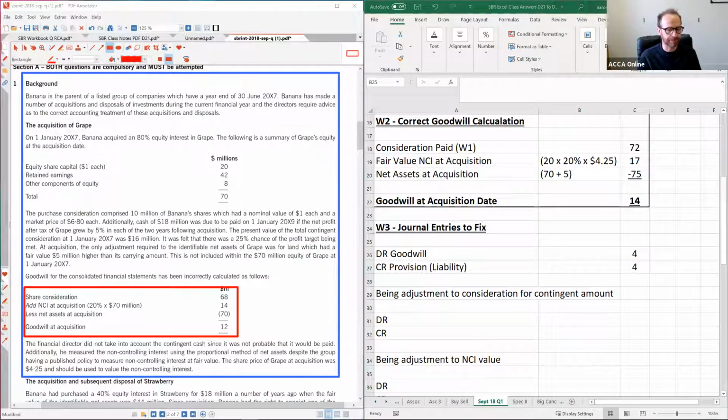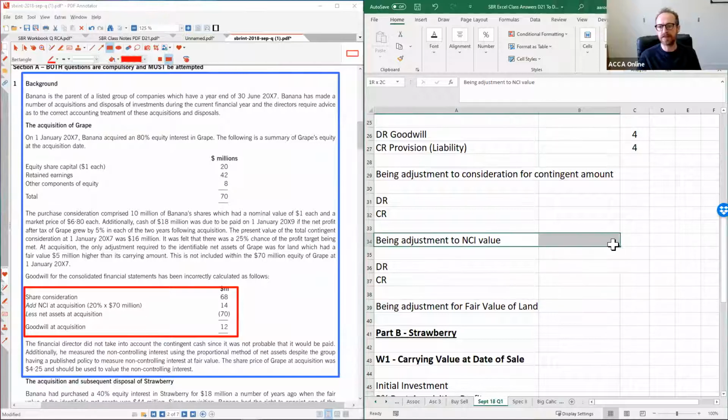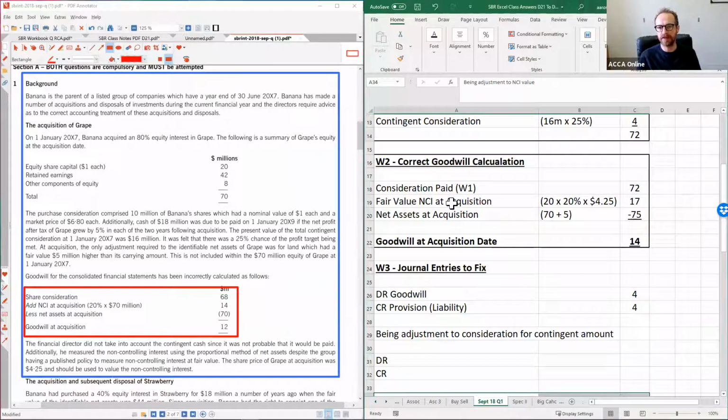Good, okay. The second entry then, adjustment to the NCI. Well, what's happening here is the NCI, they put in as 14. We're putting it in as 17, so it's going to be 3. We're increasing the goodwill because if this 17 goes up, that's going to increase the goodwill.